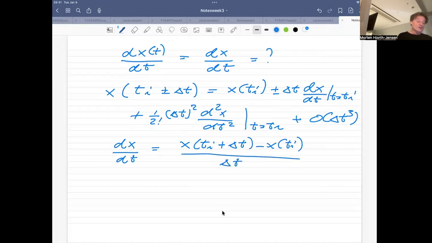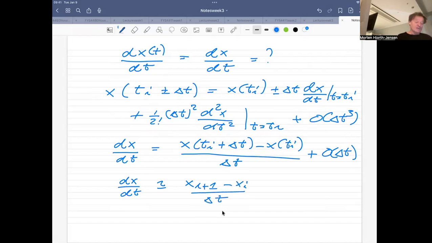So if we don't do any truncations, this contains higher order terms in delta t, which now go like delta t to the power of 1. So we simply divide by delta t here, and then we reshuffle a little bit. If we now skip the higher order terms, this means simply that dx/dt can be approximated with x, which we now rewrite as i plus 1, so one step ahead, minus x of i, divided by delta t.